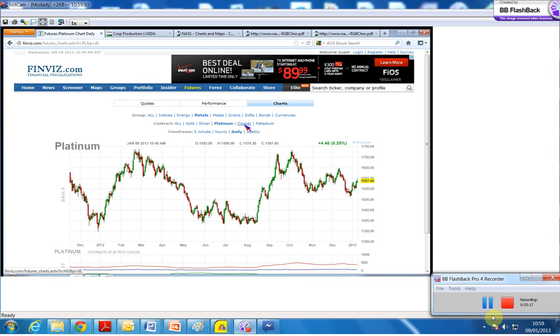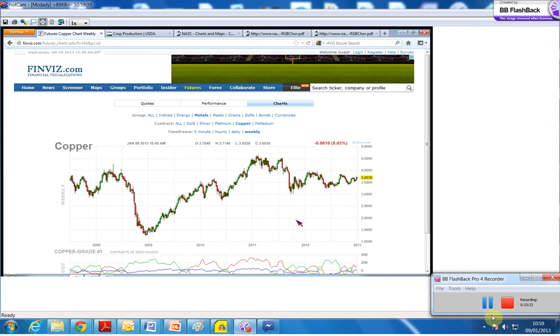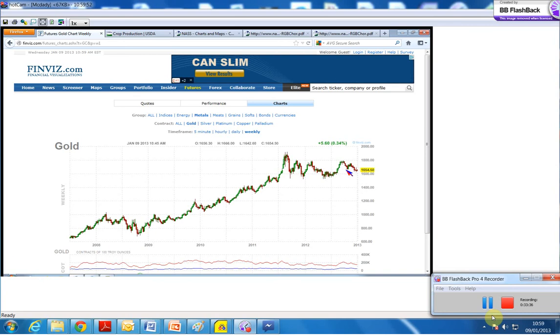With regards to copper, copper is in a sideways pattern. All the precious metals, all the gold, all the silver. The gold is in a turning round, and we have a structural failure now to the downside in gold, so it could be bearish.